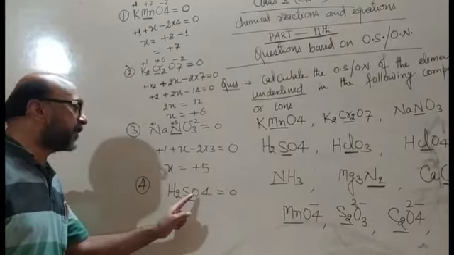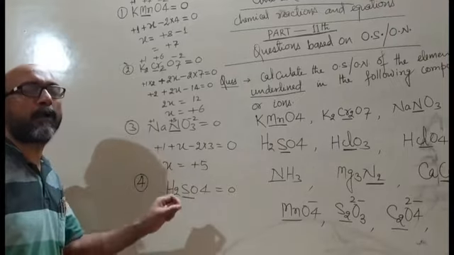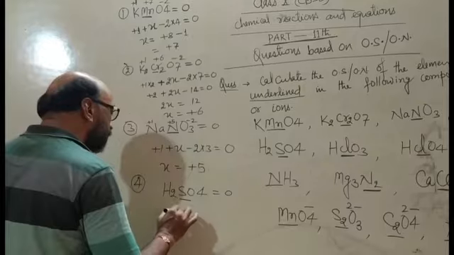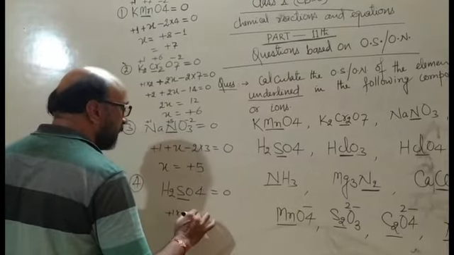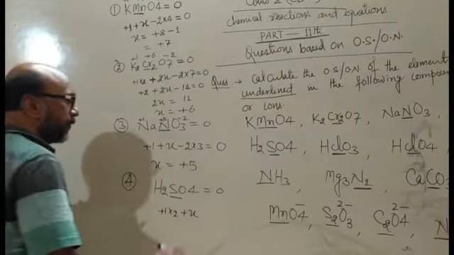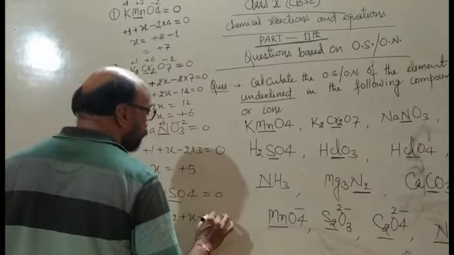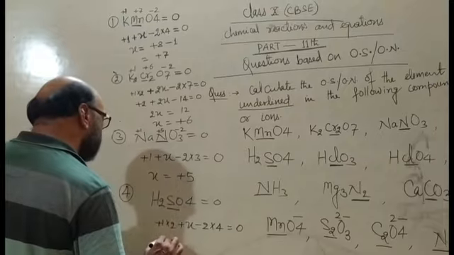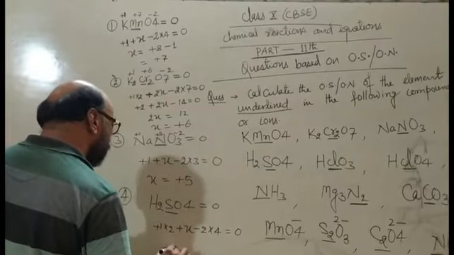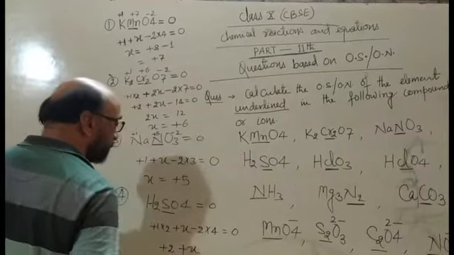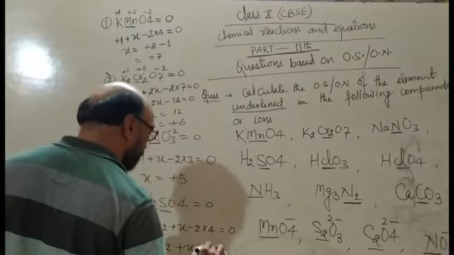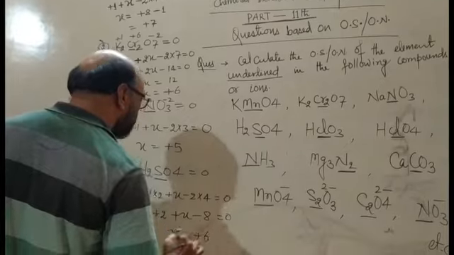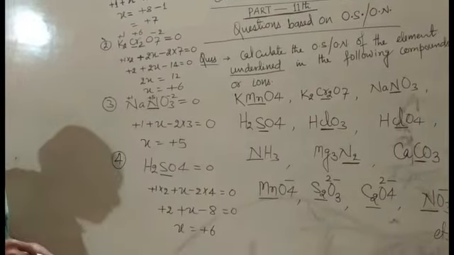The oxidation state of oxygen in a compound or ion is -2. We use +1 into 2 for hydrogen. Let the oxidation state of sulfur be X. -2 for oxygen multiplied with 4, and then you can calculate the value of X, which is the oxidation state of sulfur. X is equal to +6. Right?